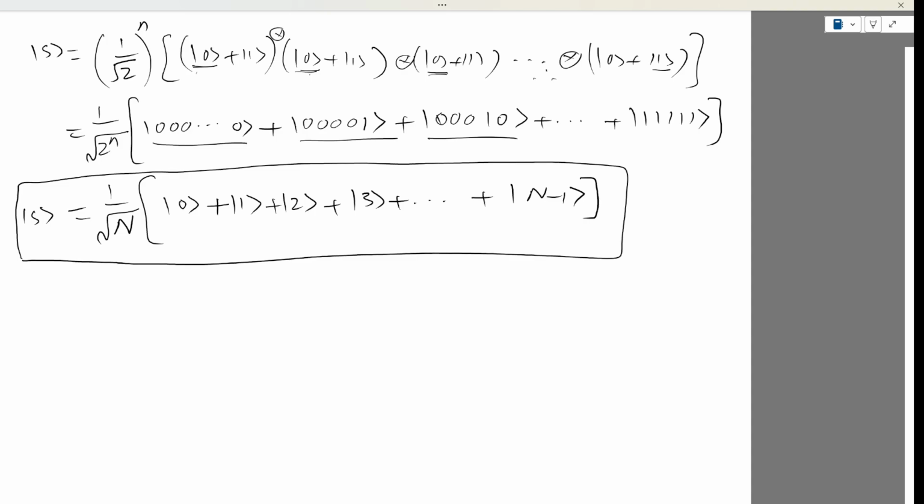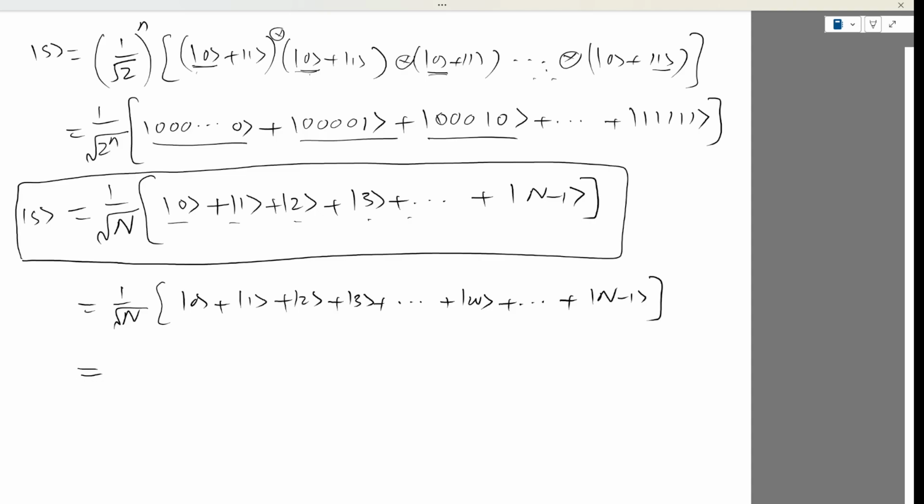Now, before I move to the next step, let me jump ahead a little bit and say that these are all possible states, and one of these states is the state that we are looking for. Suppose that state is labeled W, and let me just separate it out.